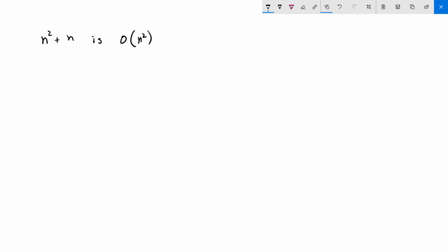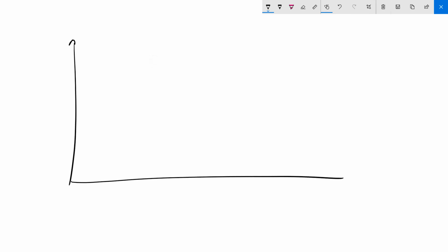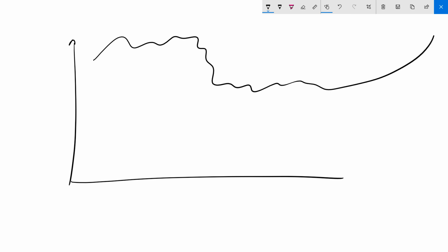Okay? No, that's not what I want to do. Let me try a different thing. Let's do this graphically. Suppose you have a function that's really big at first and then does something like that. And you've got another function that stays down and then starts to climb faster. How do you deal with that?